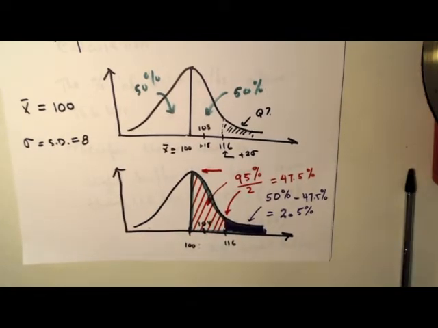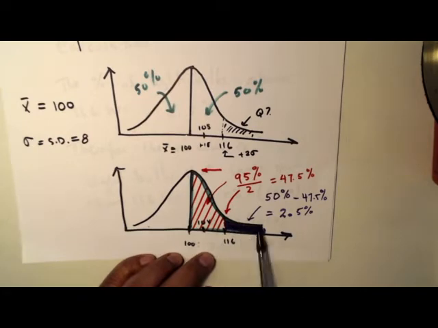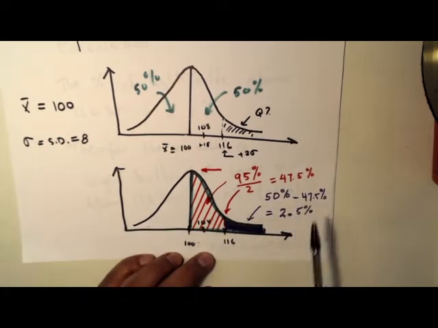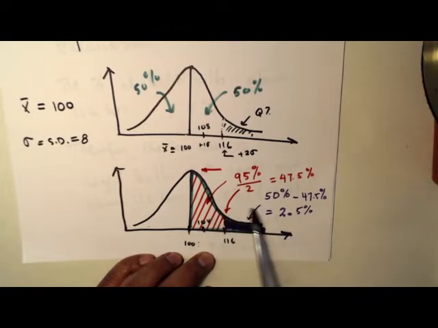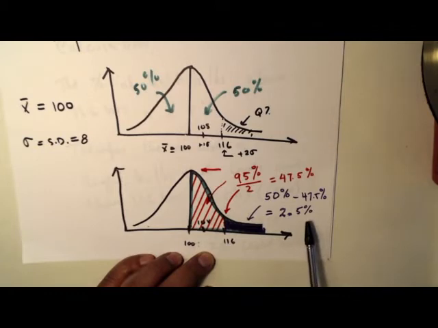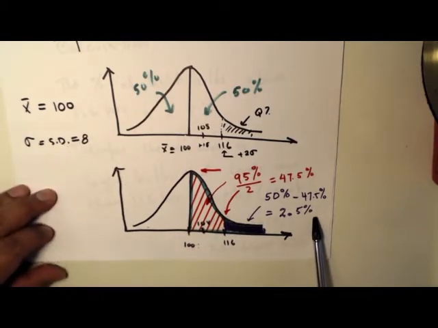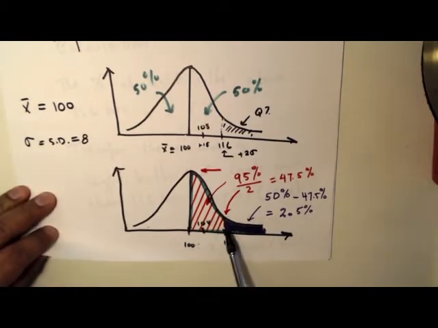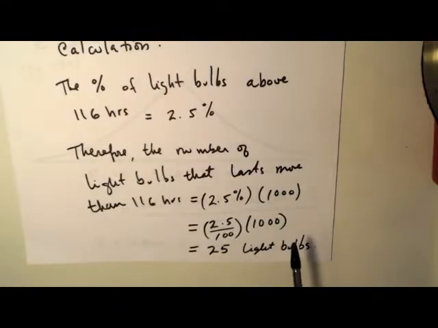What we're saying here is that whatever is left is going to be 50 minus 47.5%. So the end result on this piece that is left is 2.5%. This is only a percentage that we calculate on the shape. Now, in terms of the numbers, how many light bulbs, right? That was the question.